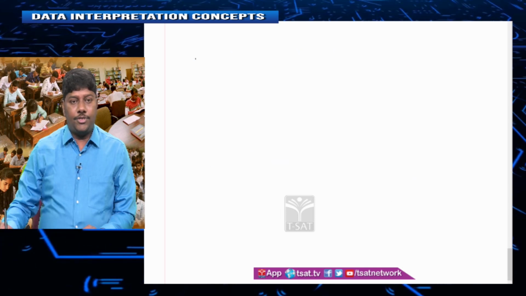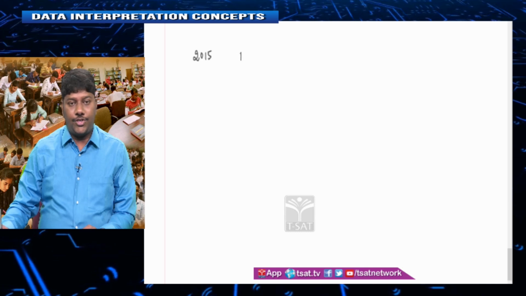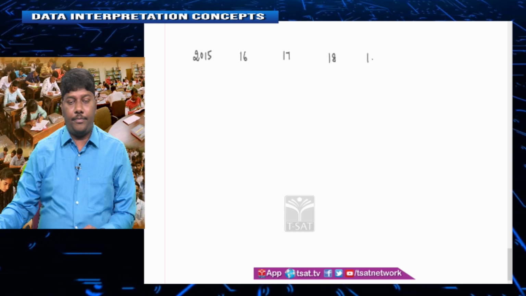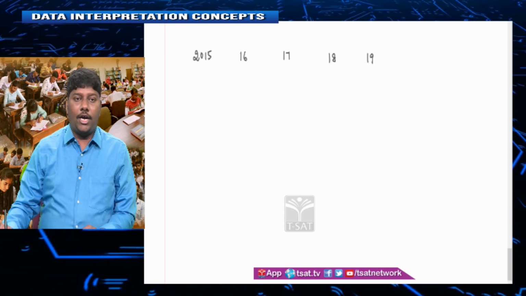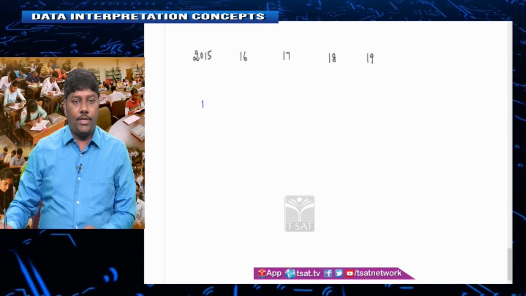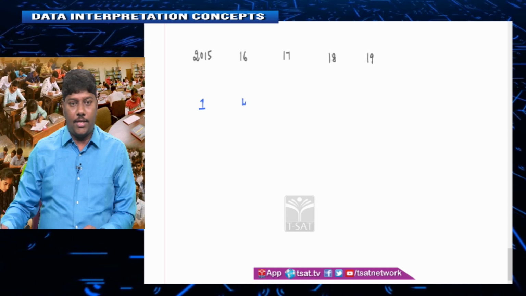Now, see here, I am just taking the data in 2015, 2016, 17, 18, 19. Let us say the number of cars produced in 2015 is just 1000 cars. In 2016, it became 4000 cars.